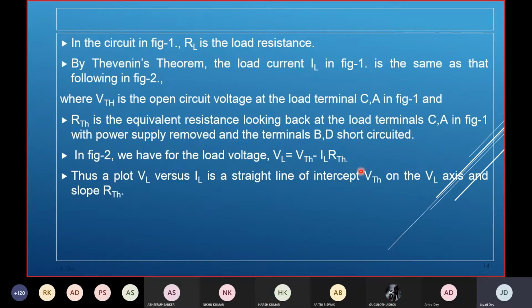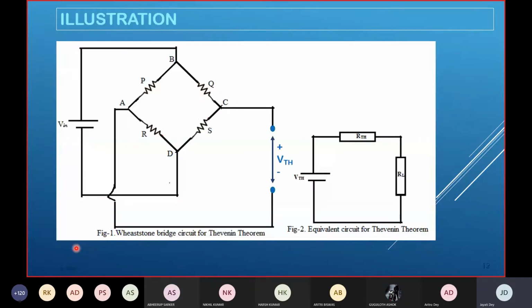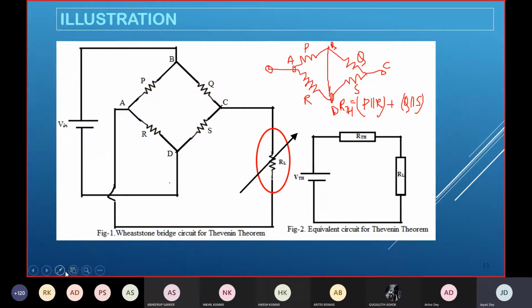In experimentation, how will it be done? The process is that RThevenin is the equivalent resistance looking back at the terminals, as I told you. Now, let me show you. According to this, suppose this is the current IL flowing through RL.